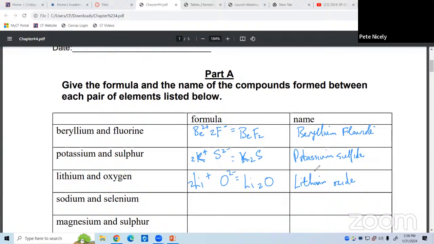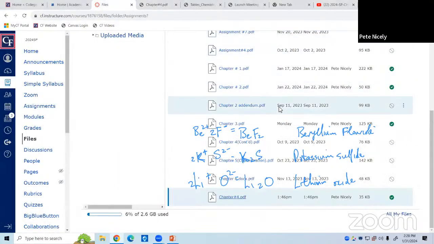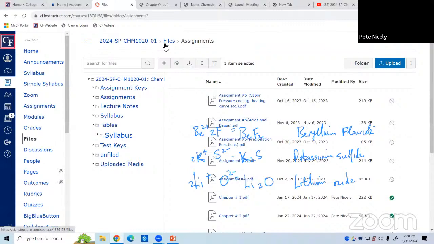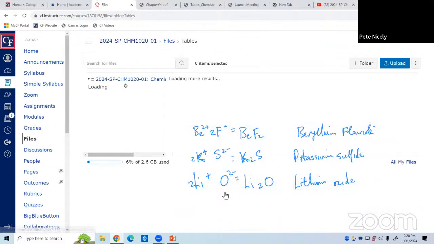Which table's PDF? Is it one? If you go to files, yeah, hold on, let me get over this here. Okay, I see. If you go to files and then go to tables.